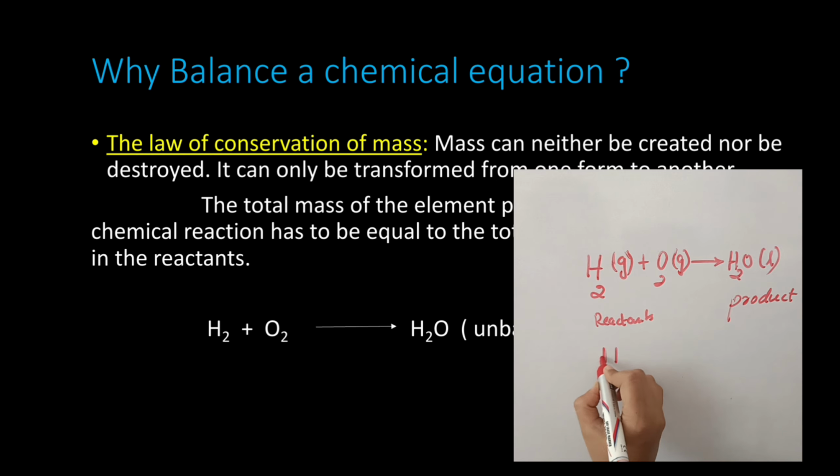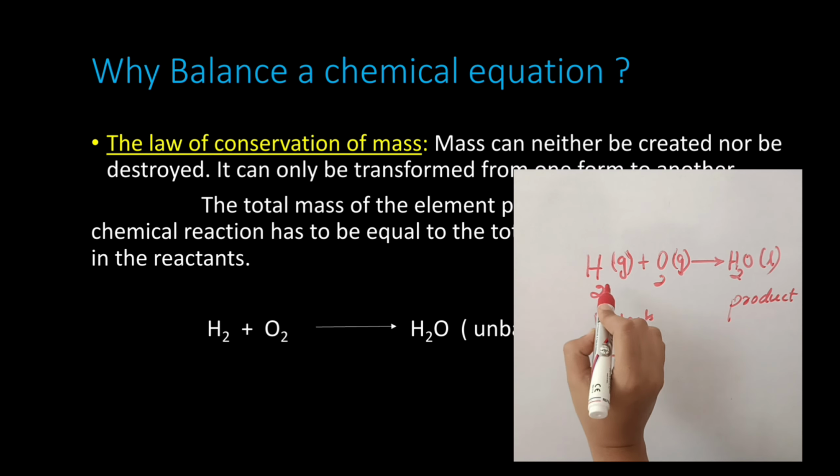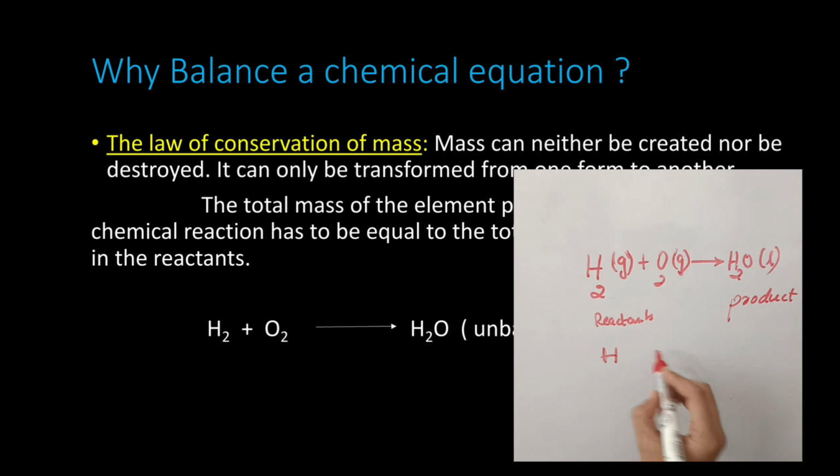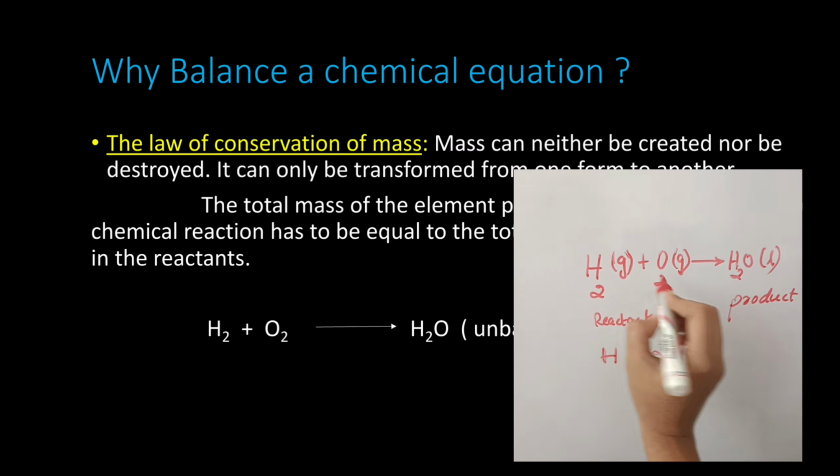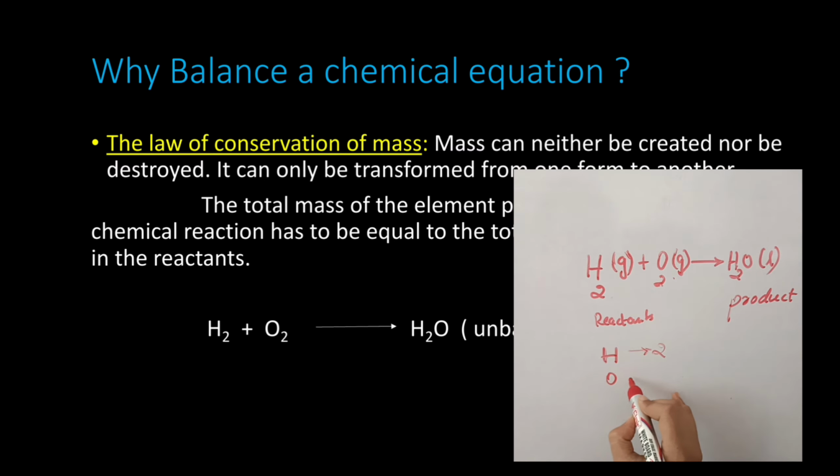You have two atoms of hydrogen present on the reactant side. And in oxygen we have two atoms of oxygen present. On the product side, again hydrogen is there, oxygen is there. Hydrogen, there are two atoms, and oxygen is only one, right?